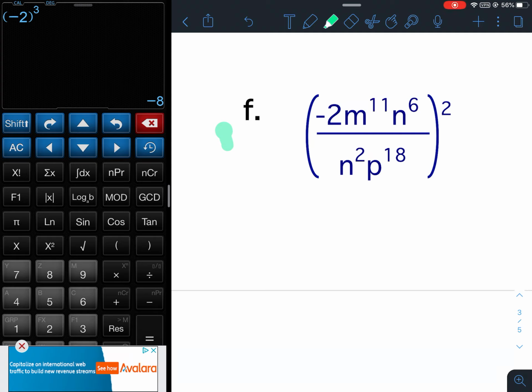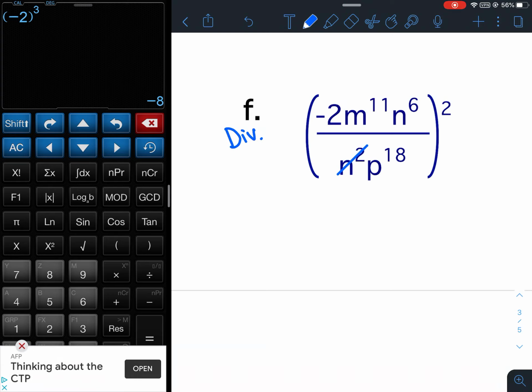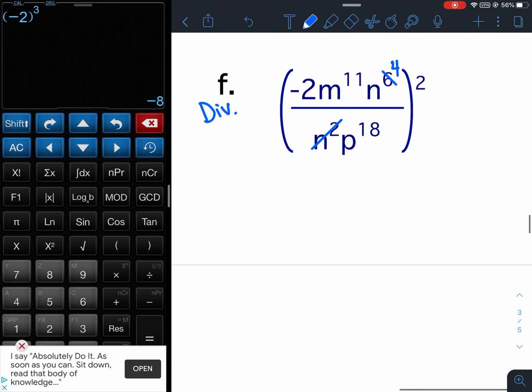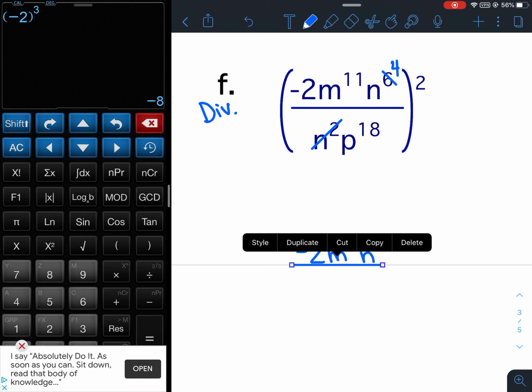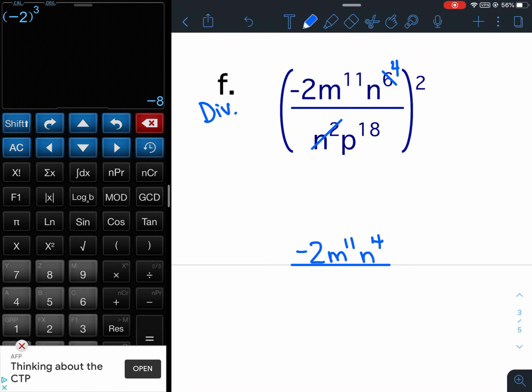So over here, write divide, because that's going to be our first step. So n to the second would get completely crossed out, and 6 minus 2 is 4. So in my numerator, I have negative 2, m to the 11th, n to the 4th. In the denominator, I have p to the 18th.